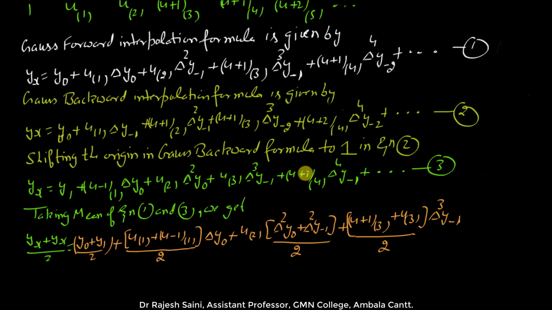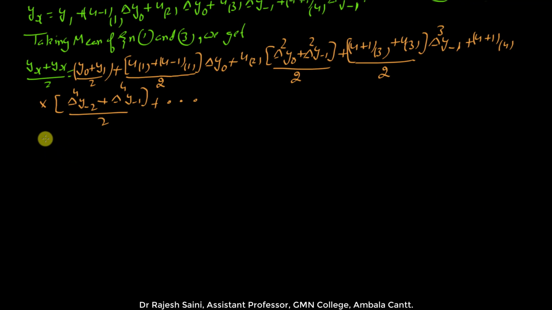Here u plus 1 subscript 4 will be common, so this will be u plus 1 subscript 4 multiplied by delta 4 y subscript minus 2 plus delta 4 y minus 1 and it is divided by 2, and it will go on something like that.